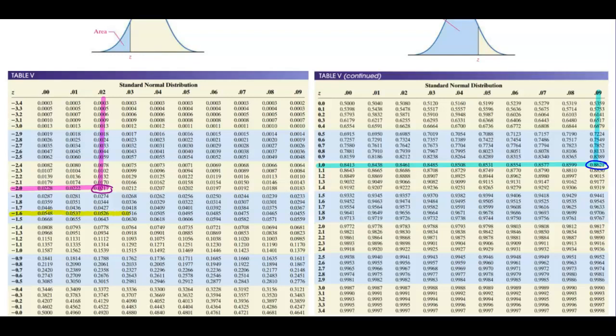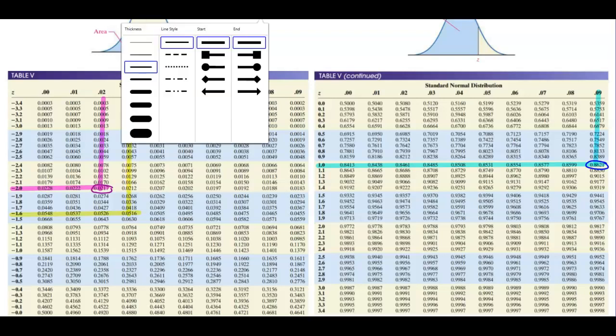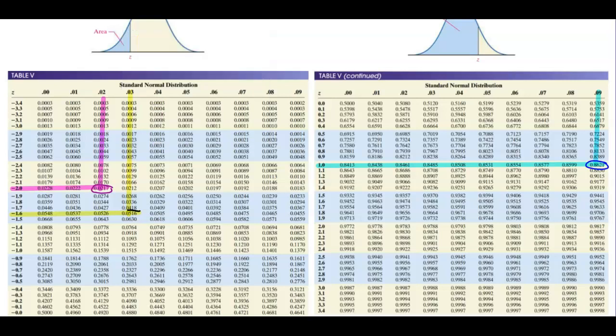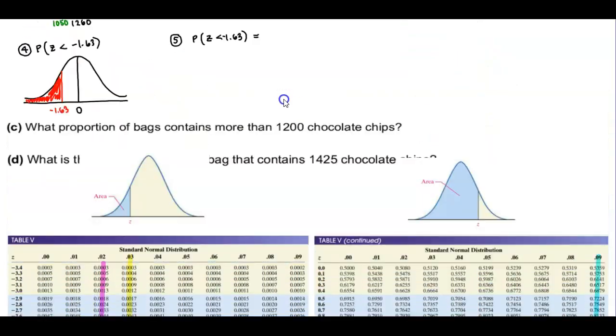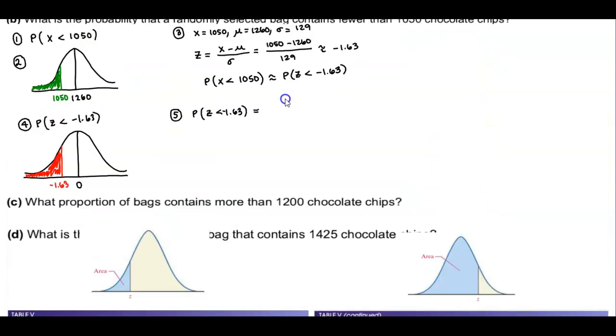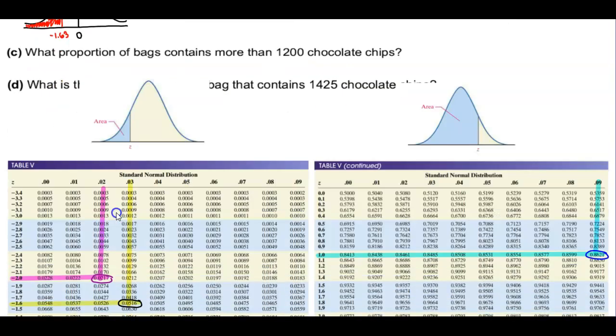And we're going to go all the way to 0.03. And then we can see that our area that's associated with that is 0.0516. And then let me move some of this stuff down here.